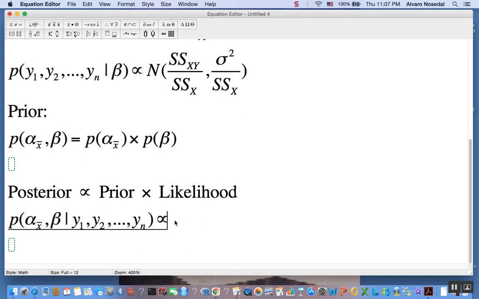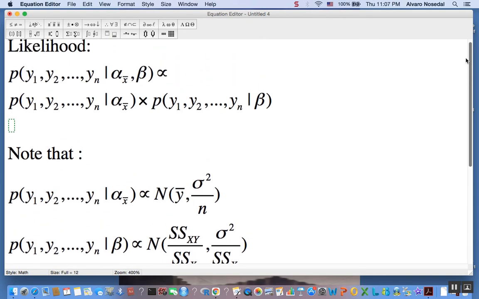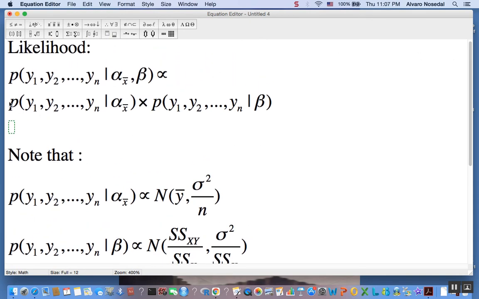That joint prior is going to be the product of those individual priors, or independent priors. And then we have these likelihoods.